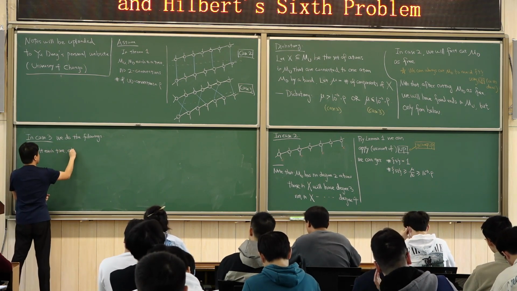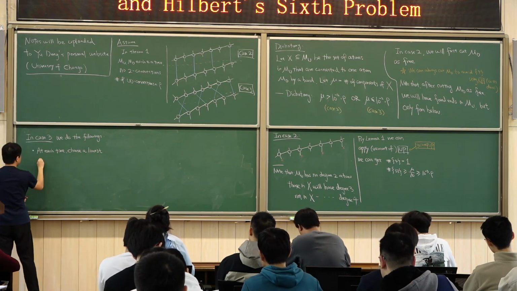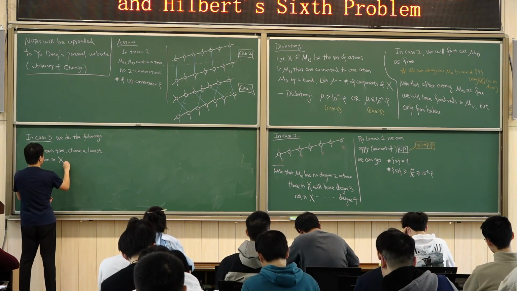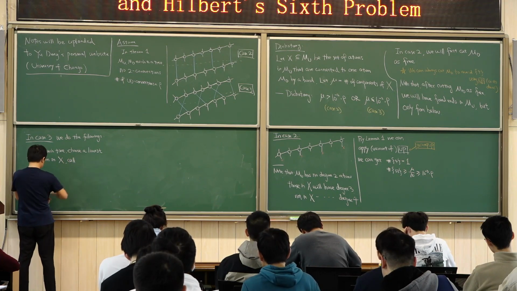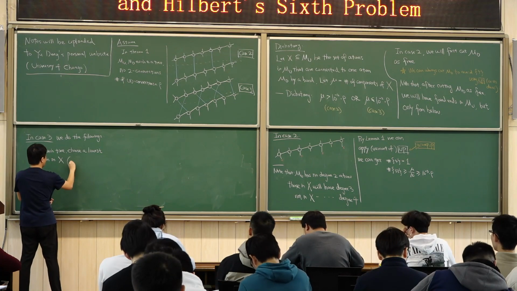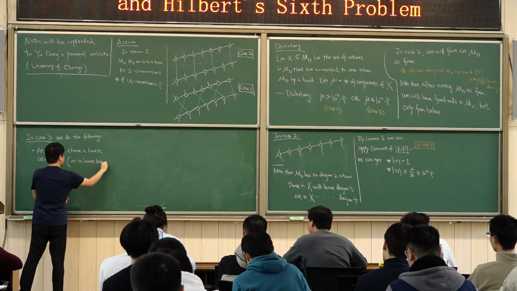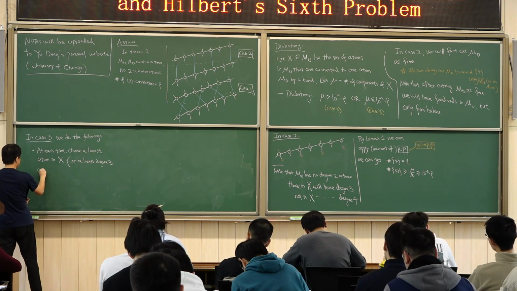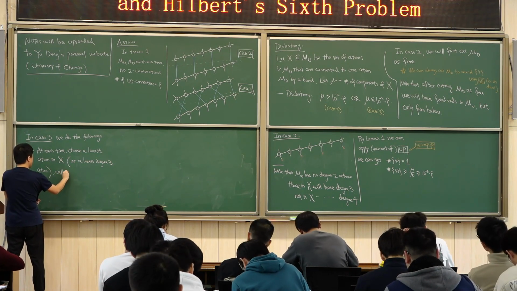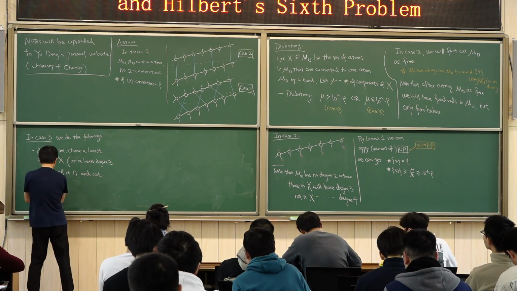Each time, choose a lowest atom in X. Choose only in X. Or, of course, lowest degree 3 atom, called N, and cut.